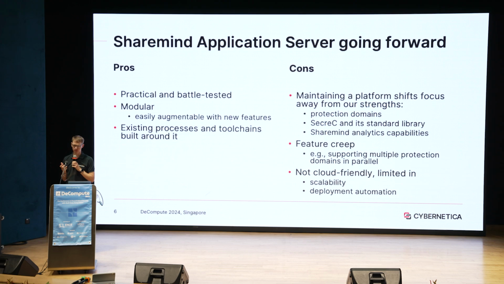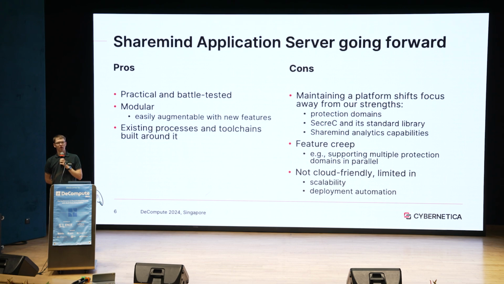So we would like to concentrate on what we think we are best at, which is implementing MPC protocols that we call protection domains, basically. And we really love the Secrecy language and its standard library, so everybody could write privacy-preserving applications. And on top of that, like I said, we have built extensive data analytics capabilities. So we also like that part.